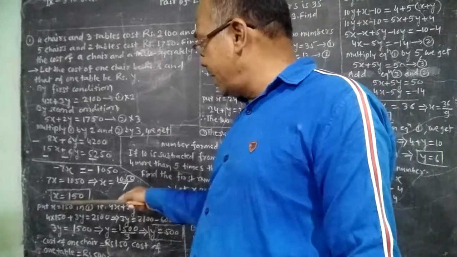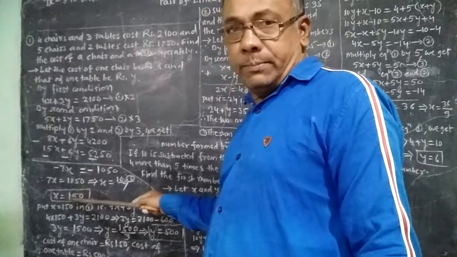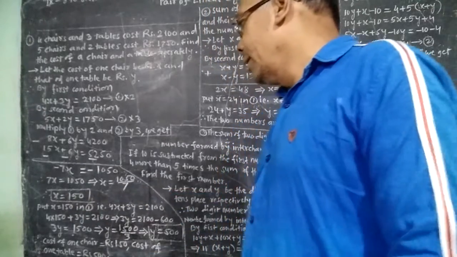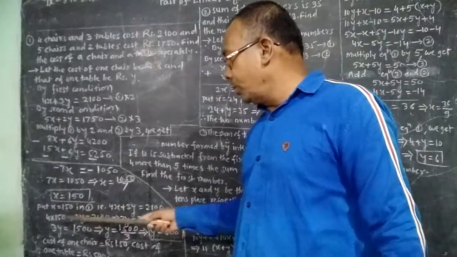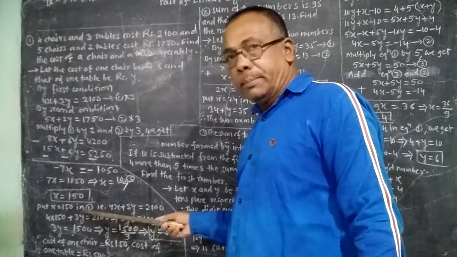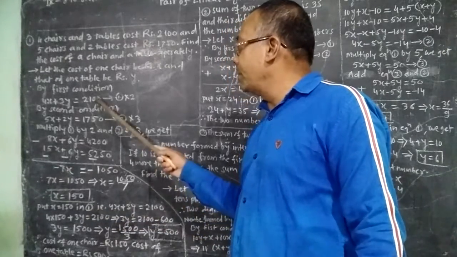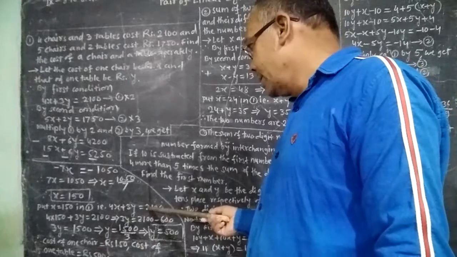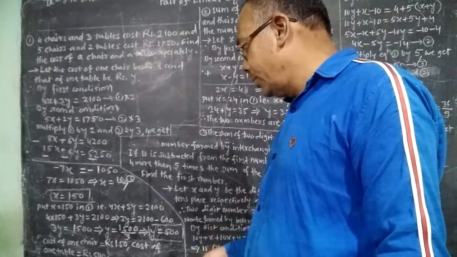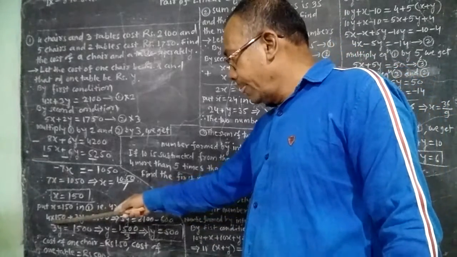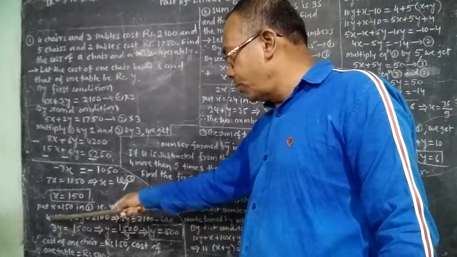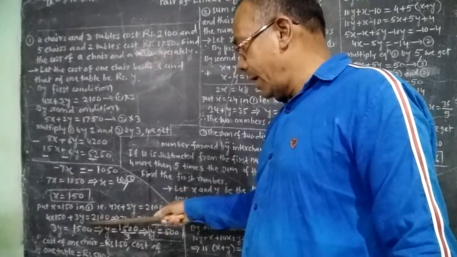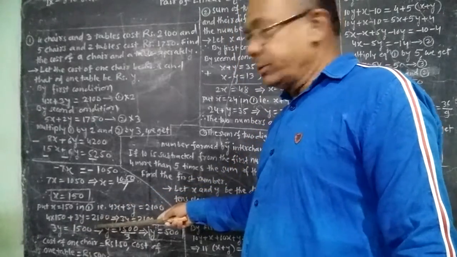In this way we get x is equal to 150. Now put x is equal to 150 in equation number 1, which is 4x plus 3y is equal to 2100. After substituting this value, we get 4 into 150 plus 3y is equal to 2100.